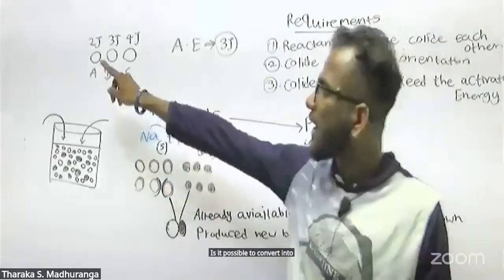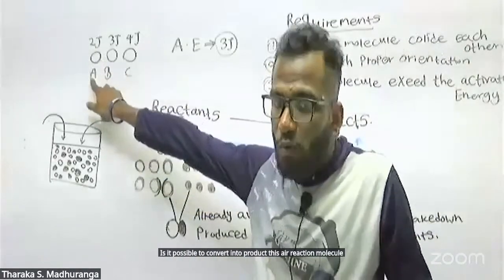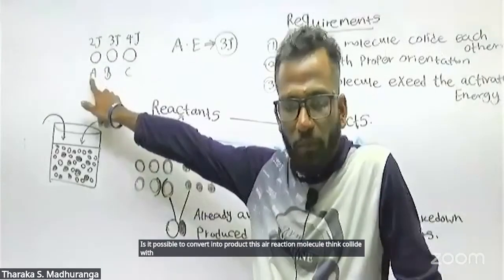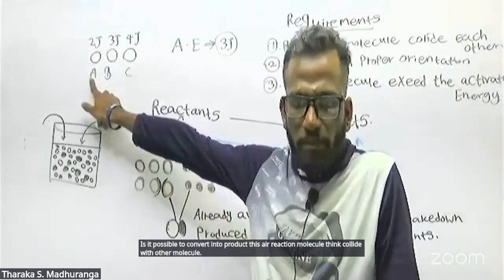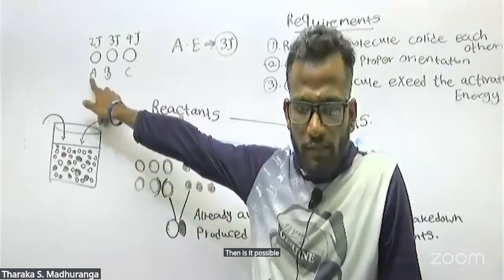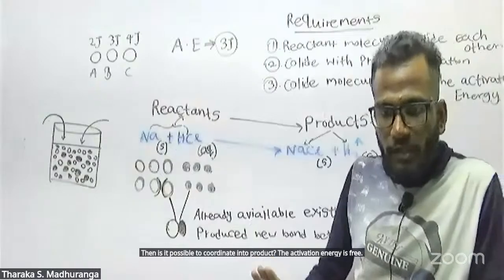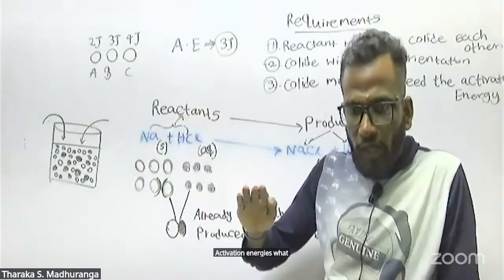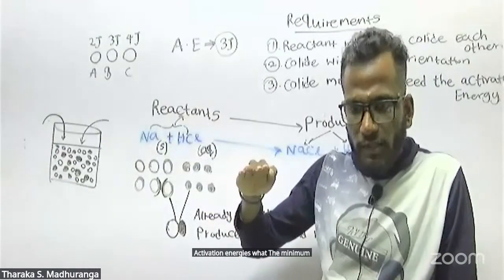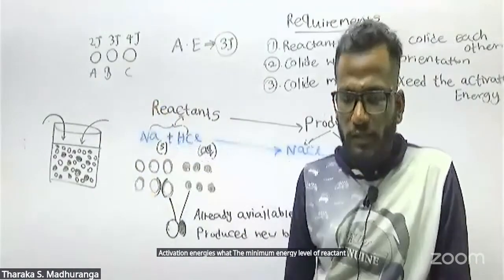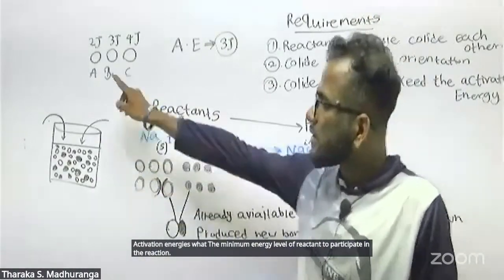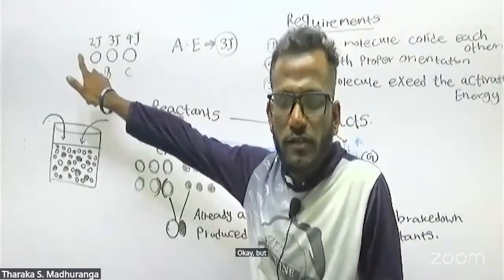Think this A reactant molecule collides with another molecule. Then is it possible to convert into product? The activation energy is 3. Activation energy is what? The minimum energy level of reactant to participate in the reaction. But the A energy level is 2 joule.